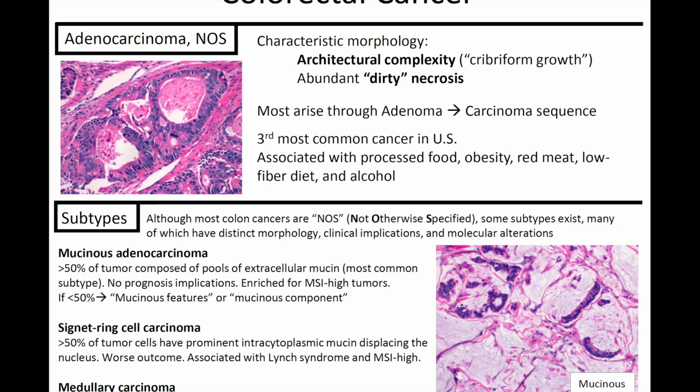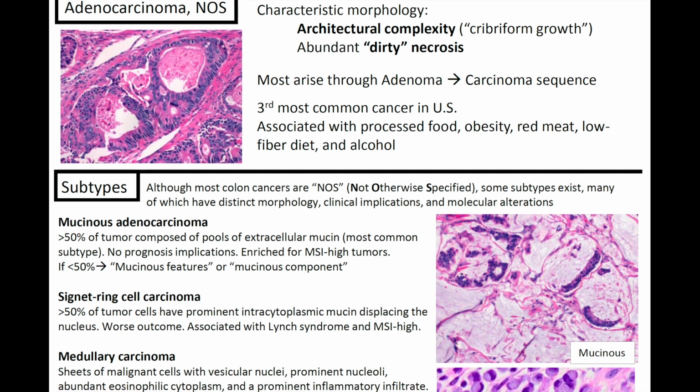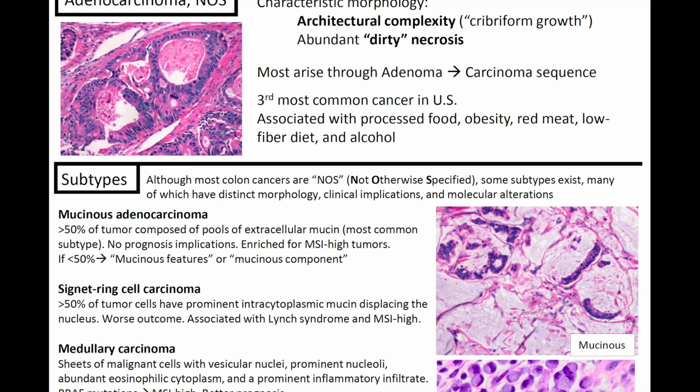So for colorectal cancer, most commonly we're talking about adenocarcinoma, or adenocarcinoma not otherwise specified, or NOS. The characteristic morphology of colonic adenocarcinoma is architectural complexity, cribriform growth with abundant dirty necrosis. That necrosis filling the lumens is a classic sign for colon cancer.